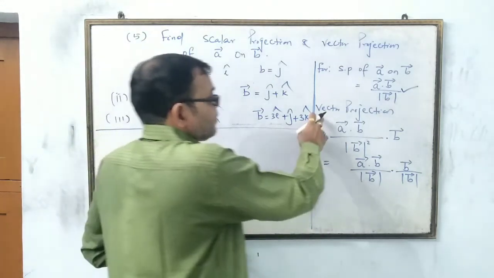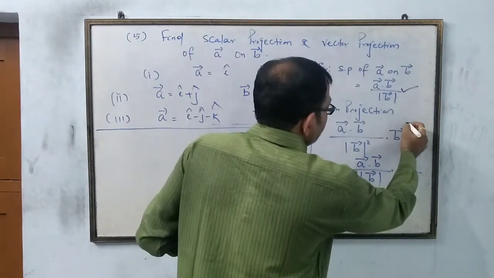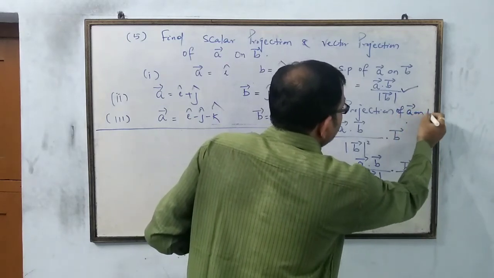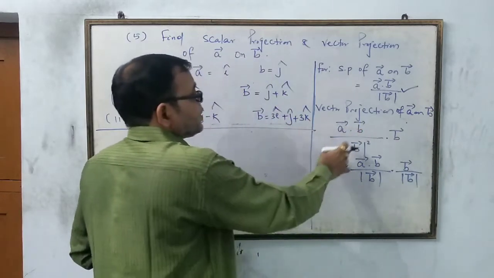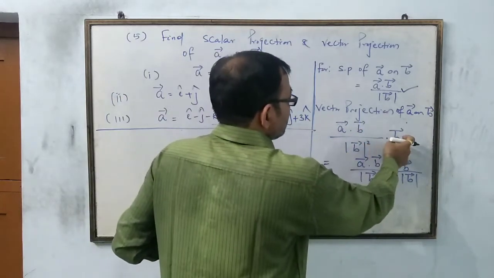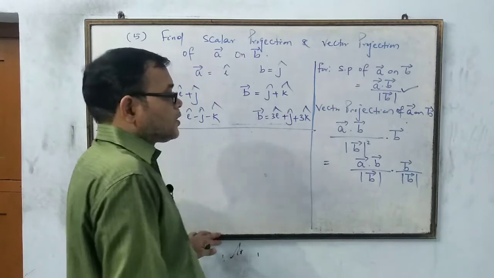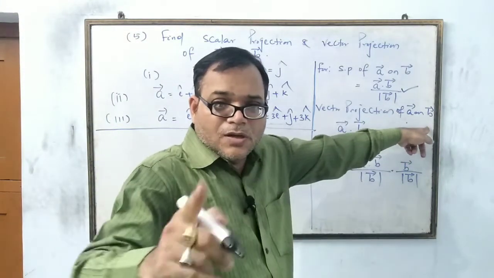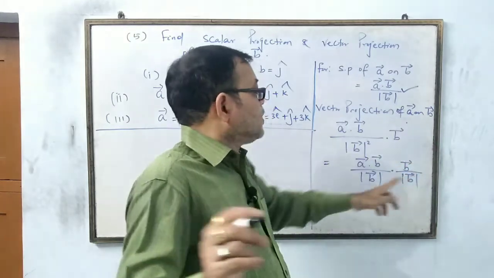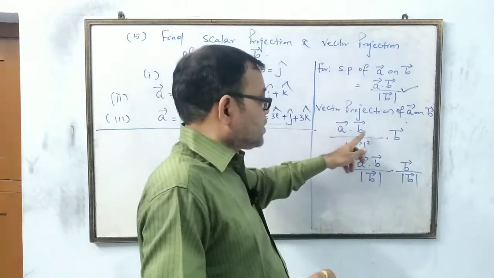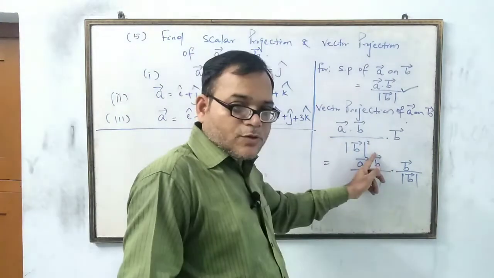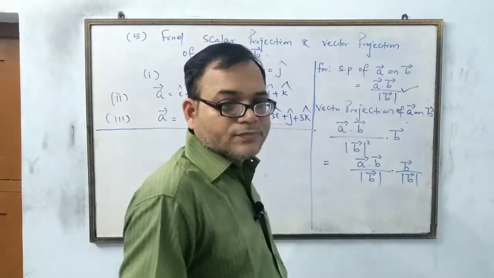Another formula, the vector projection of A on B, is equal to A dot B by magnitude of B square into vector B. That is, the dot product of the first and second divided by the second's magnitude square, into the second vector.